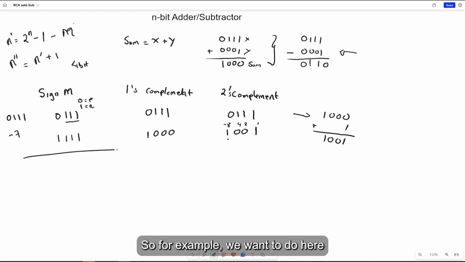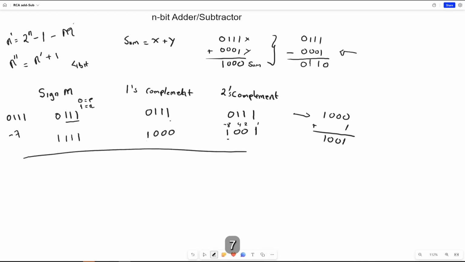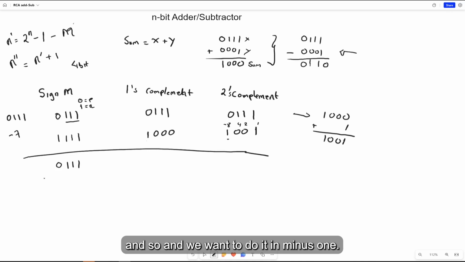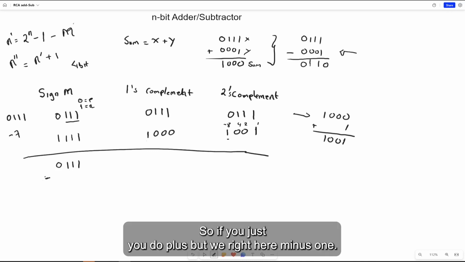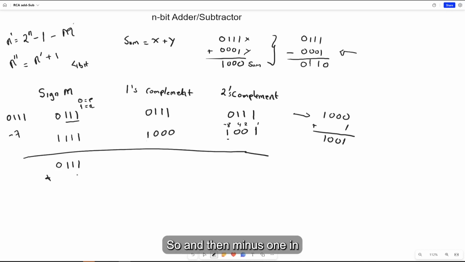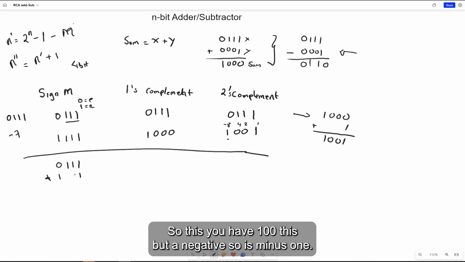For example, we want to do 7 and we want to subtract 1. In the computer we do an addition, but we write minus 1, and minus 1 in sign magnitude is 1 0 0 1, negative.